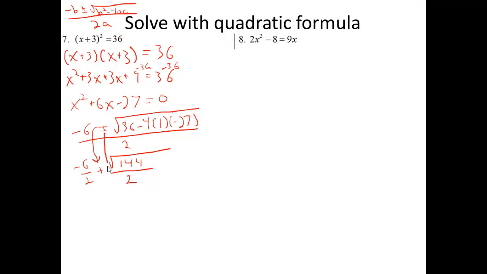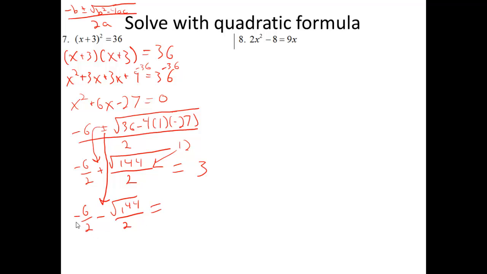Now we need to take our minus. Negative 6 over 2 minus the square root of 144 over 2. And we will see that the square root of 144 is 12. So negative 6 divided by 2 is negative 3, plus 12 divided by 2, so negative 3 plus 6 is positive 3.